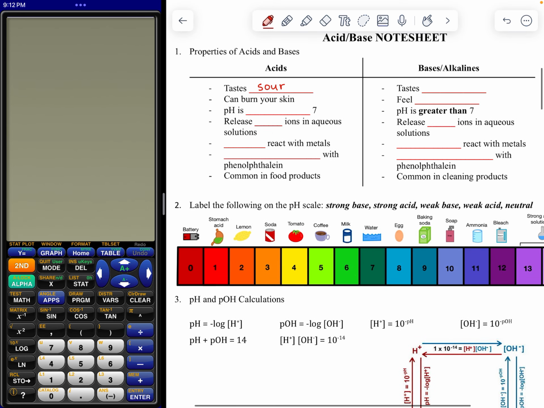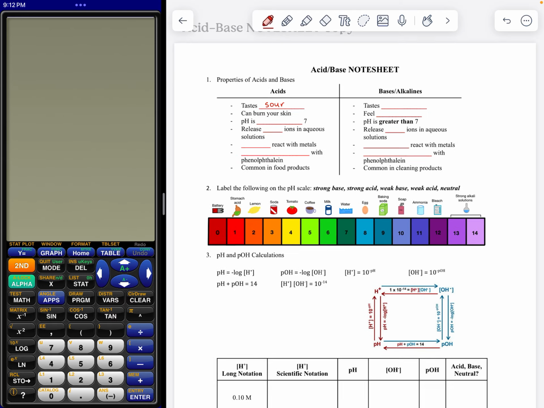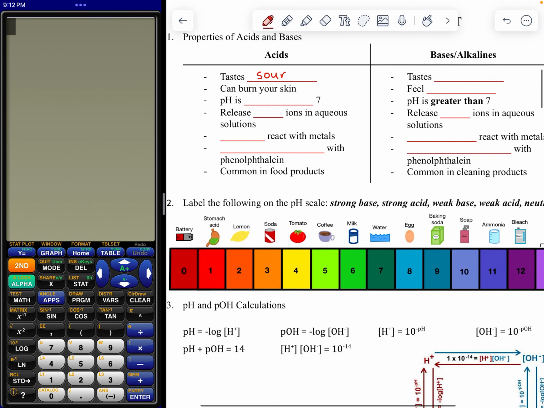But in real life, a lot of things that we eat are acidic, right? A lot of vinegar-based things, a lot of citrus fruits, citric acid. So those are just things that we have in terms of acids there.